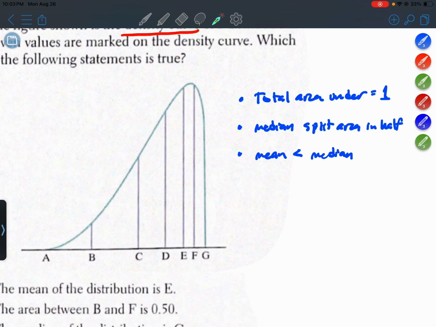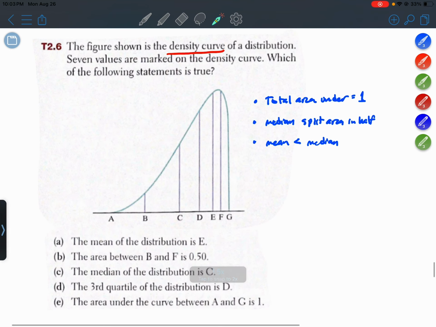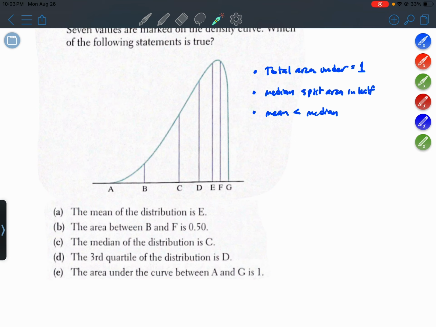So let's start looking at the choices now. The mean of the distribution is E. I highly doubt that that's the mean.